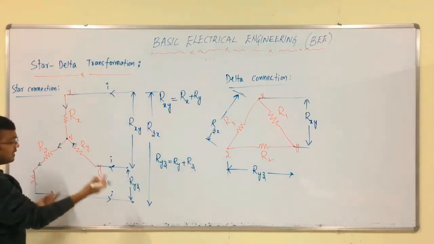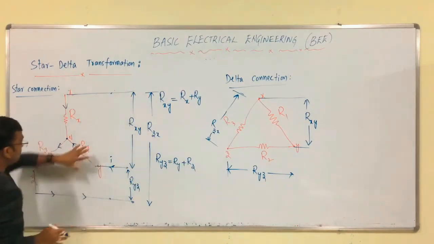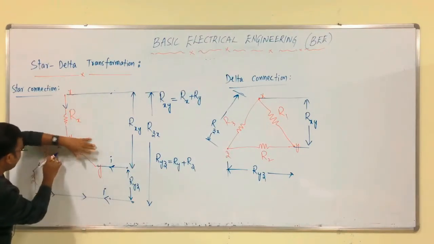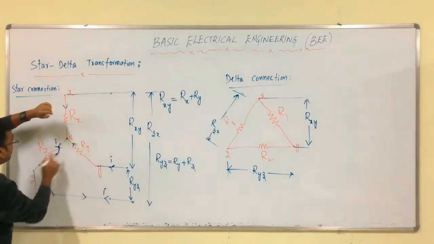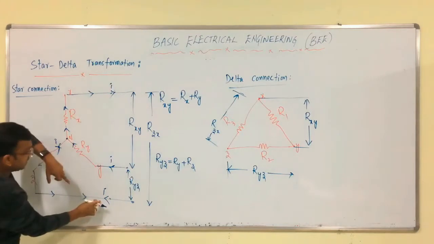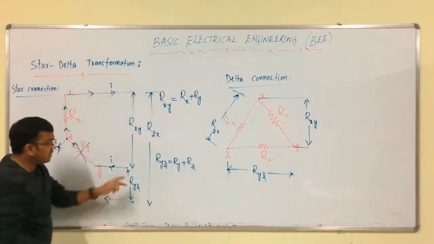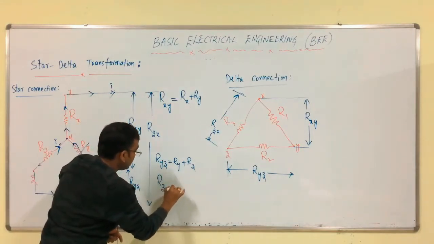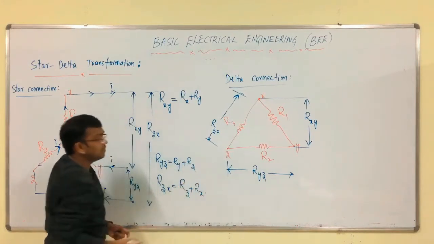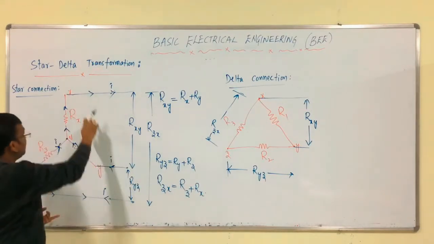If we consider R z x, this branch is neglected, entering current is I and leaving current is I, KCL satisfied. Therefore, R z x is equal to R z plus R x. So, these are the equivalent resistances between these two terminals.